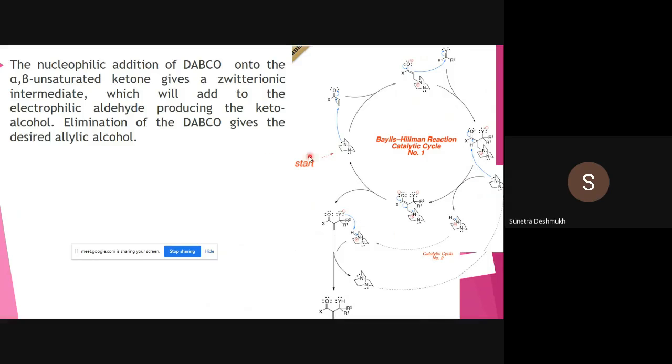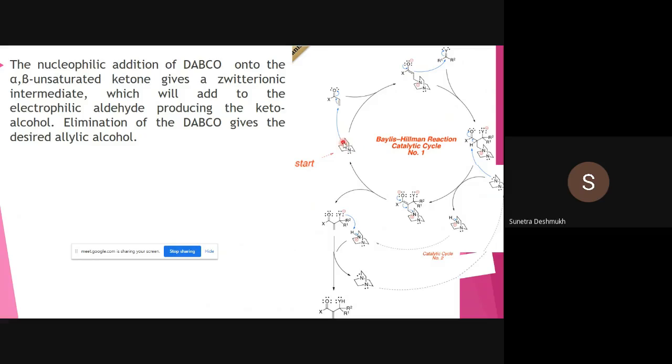So we have to start from here. What is the explanation? The nucleophilic addition of DABCO onto the alpha beta unsaturated ketone gives the zwitterionic intermediate. So in the first stage we have the nucleophilic addition of DABCO. Nitrogen possesses a lone pair, and this lone pair will add nucleophilically to the alpha beta unsaturated carbonyl compound to give this zwitterionic intermediate.